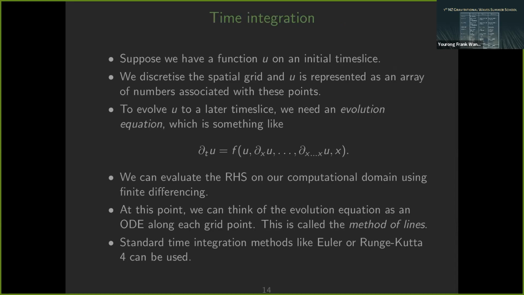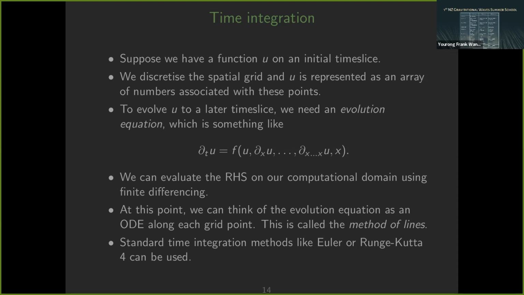Once we have the ability to approximate spatial derivatives on a given slice, we can evolve with the evolution equations, where the right-hand side, given initial data, is completely intrinsic to a slice, so it can be evaluated numerically by the approximation methods for the spatial derivatives.